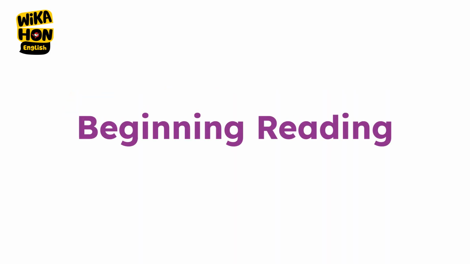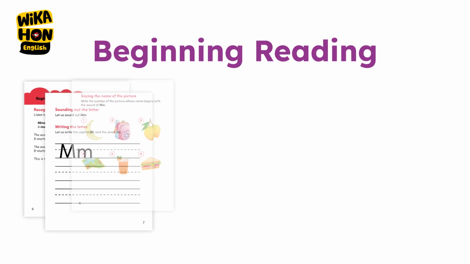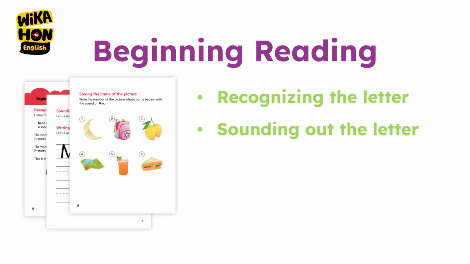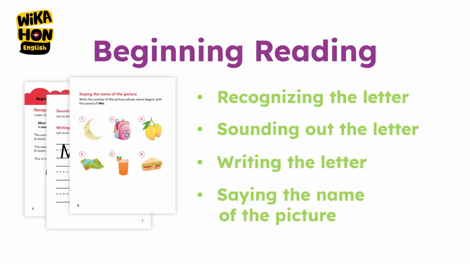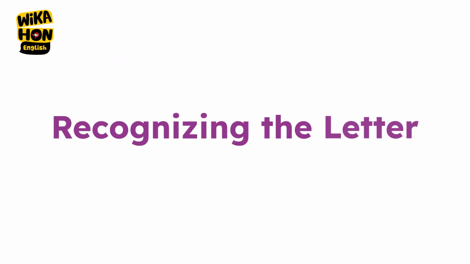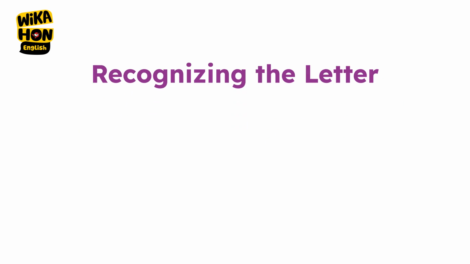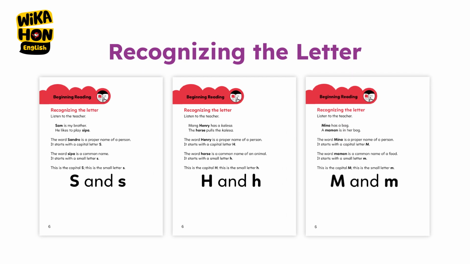Beginning reading. This activity is subdivided into 4 parts and aims to help students become more familiar with letter sounds, names, and form. Recognizing the letter. Recognizing letters is a fundamental reading skill that helps students connect the letters to sounds and then to words in print until they are able to recognize and identify all letters with confidence.